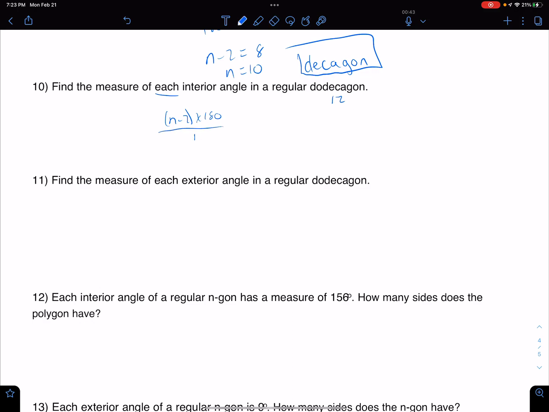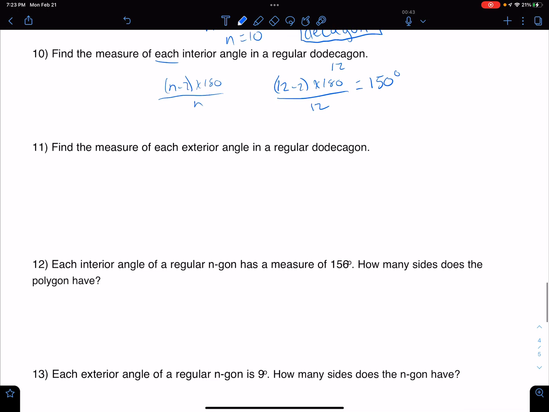So 12 minus 2 times 180 divided by 12. This is 150 degrees. So one of the interior angles is 150 degrees.